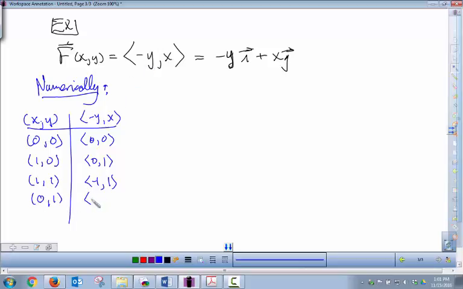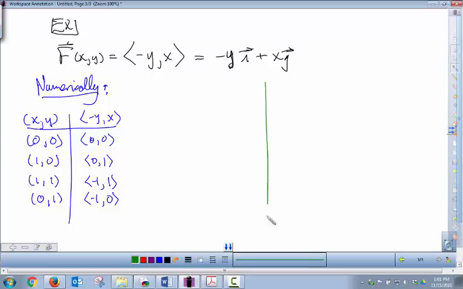So this time it's negative y. y is equal to 1, so that's negative 1, comma, and then the x is 0. Okay, we'll pause here and take a look at the graph. And then we'll see if we can decide to add anything else here.